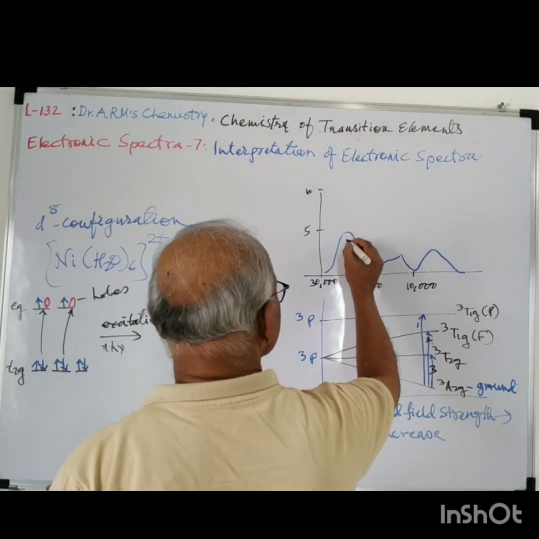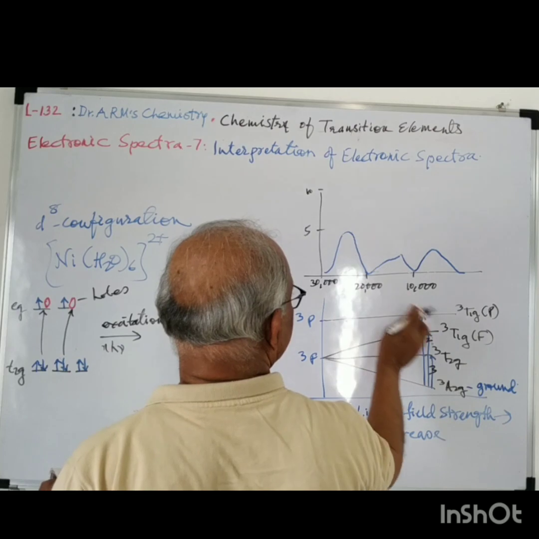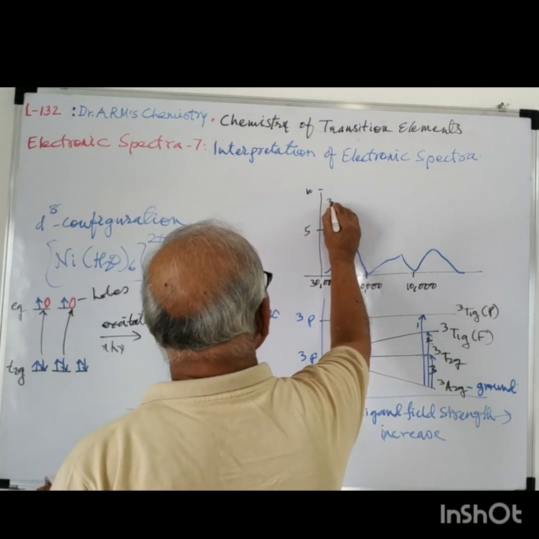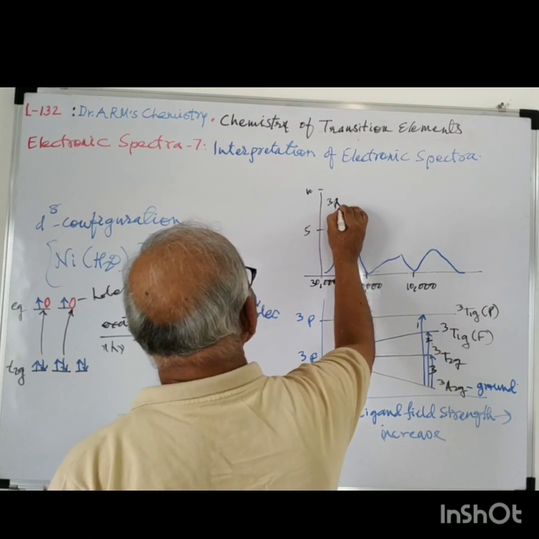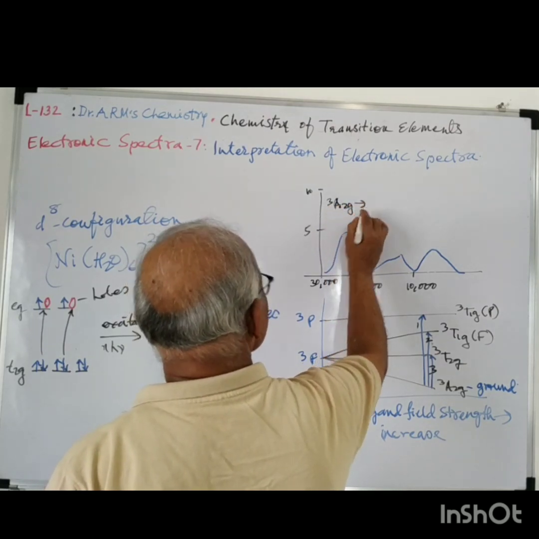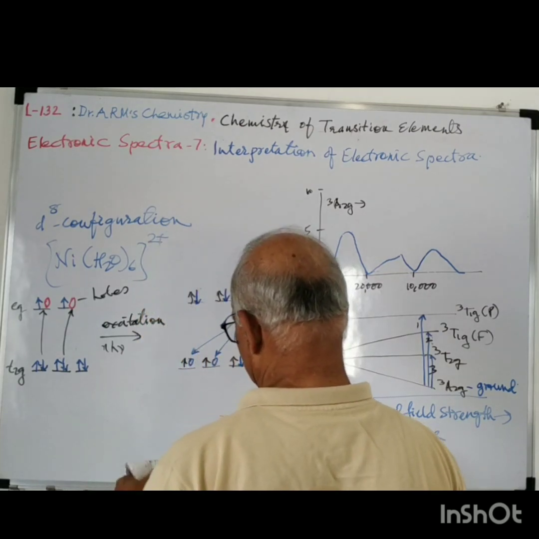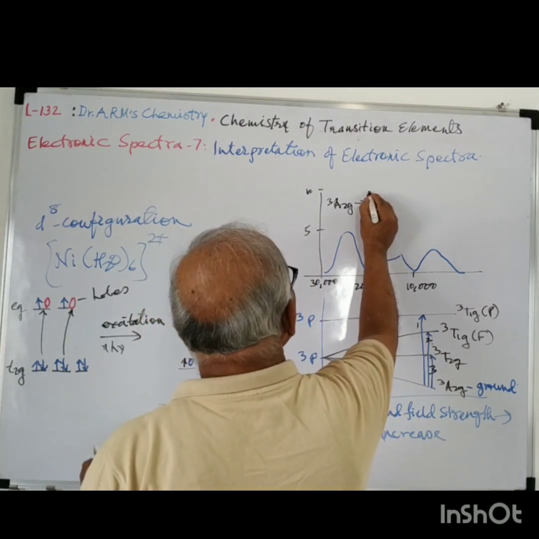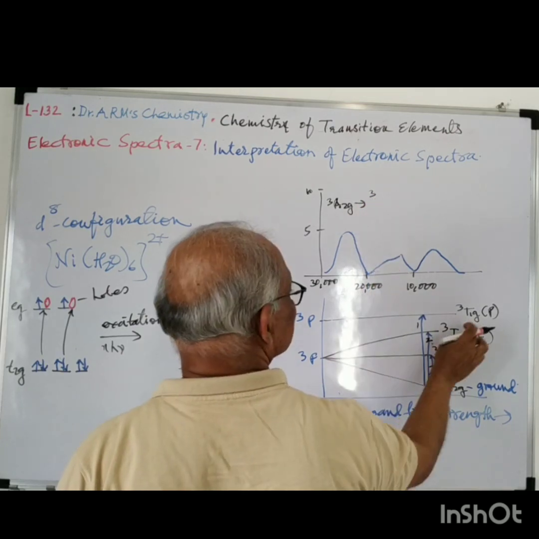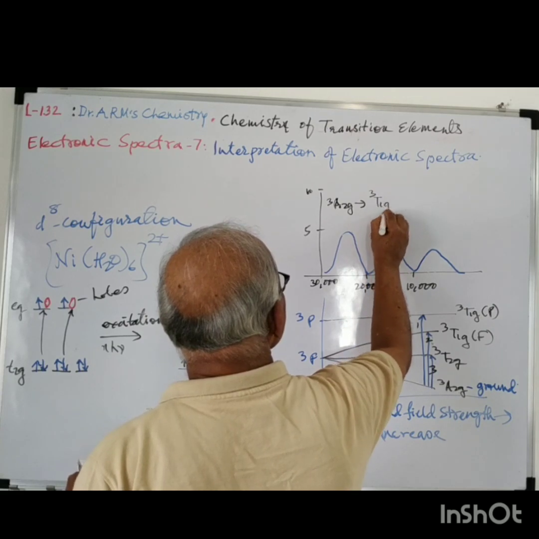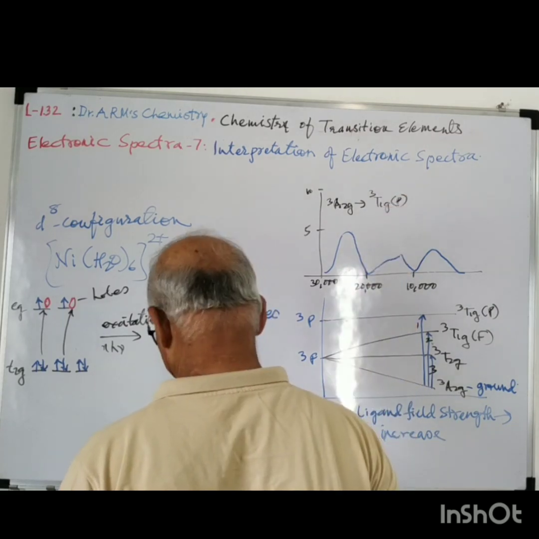We will show here the strongest band, that is triplet A2G of F to triplet T1G of P.